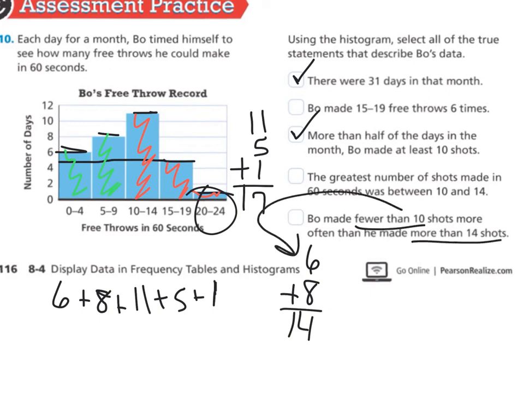And then more than 14, that'd be just the last two here. So that would be the 5 and 1. That'd be 6. So yeah, quite a bit more times that he made fewer than 10 than he did to make more than 14. So this gives you an idea of how to display data in frequency tables and histograms.